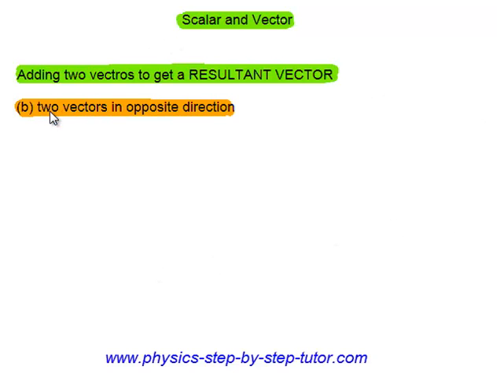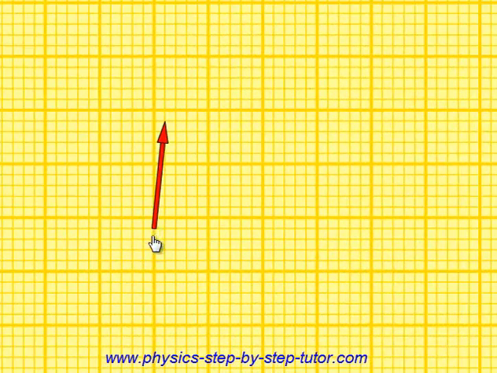So we have just seen how we add two vectors which are acting in opposite directions. How about if we are confronted with two forces which are perpendicular to each other? By perpendicular, we mean they make 90 degrees with each other. How do we add them? Let's start with the object being in this position.